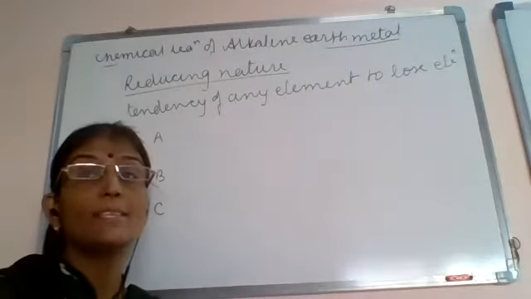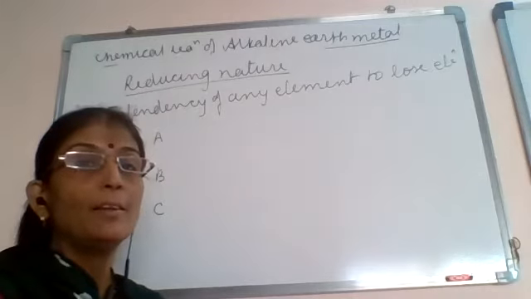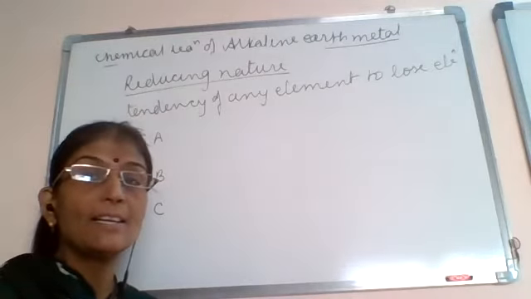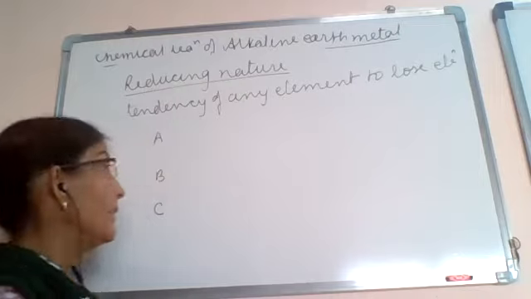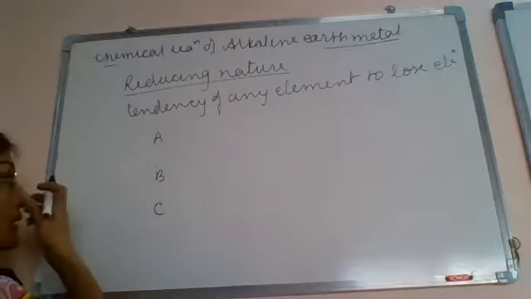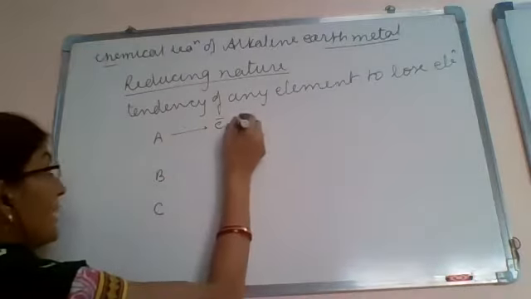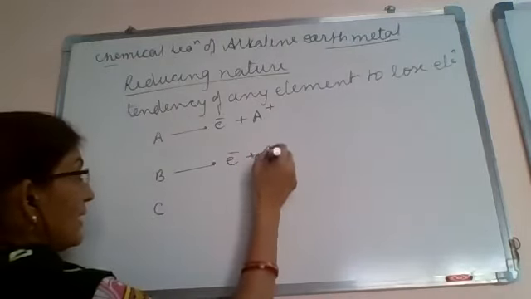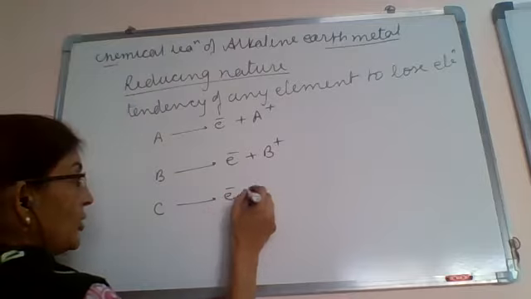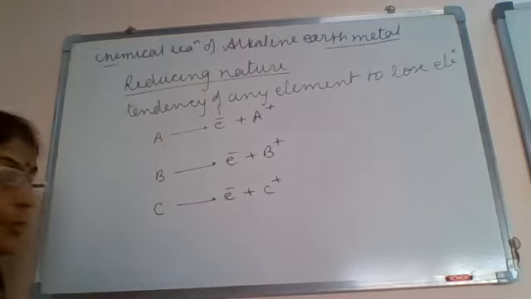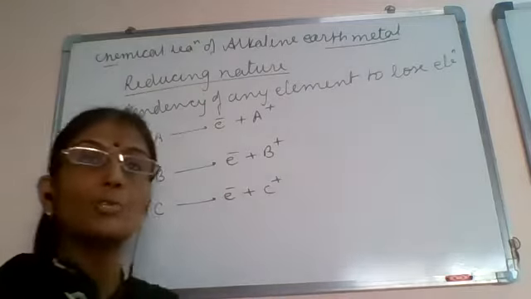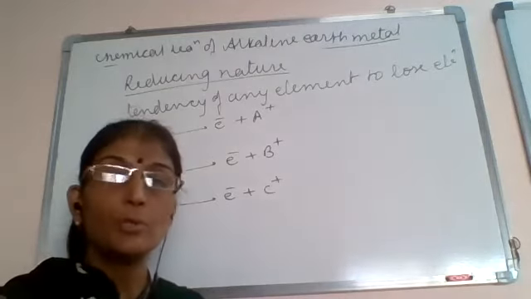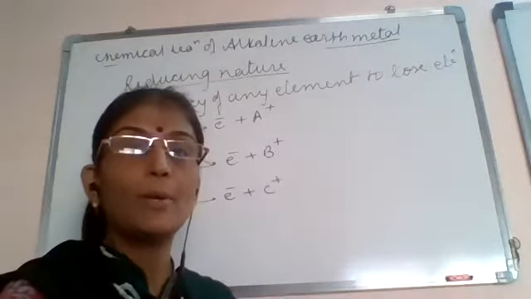Which has more tendency to lose electron? ये भी लूज कर रहा है इलेक्ट्रॉन, A प्लस बना रहा है. ये भी लूज कर रहा है इलेक्ट्रॉन, B प्लस बना रहा है. ये भी लूज कर रहा है इलेक्ट्रॉन और C प्लस बना रहा है.